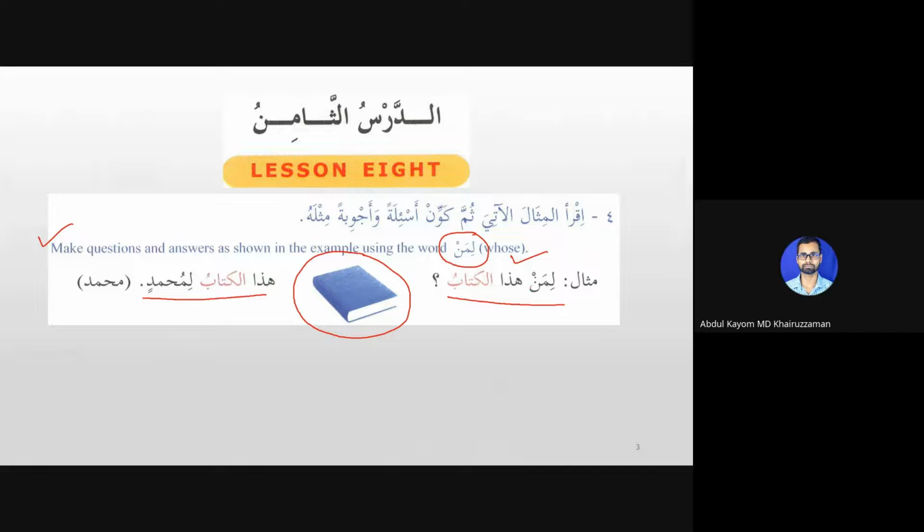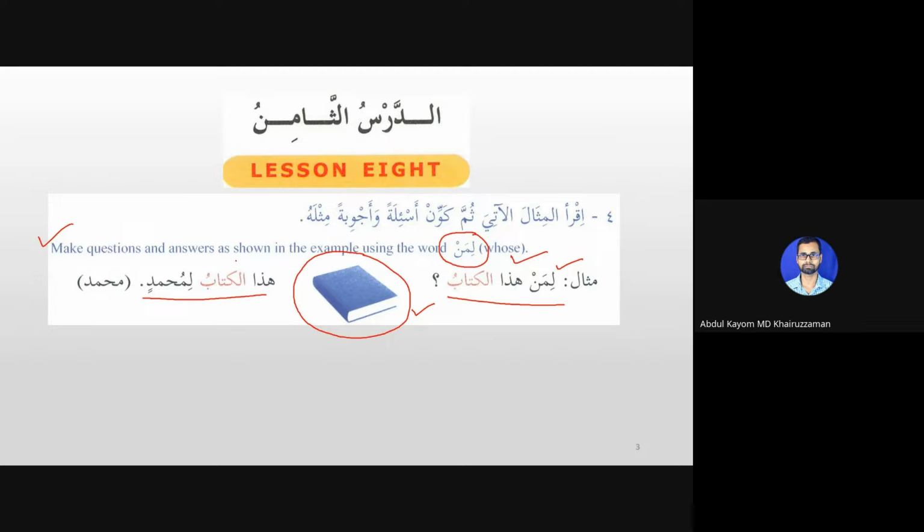So then if we add liman with it, and the question word always comes in the beginning, we'll say liman hadal kitabu. If I add liman to hadal kitabu, it means to whom does this book belong, or whose is this book.